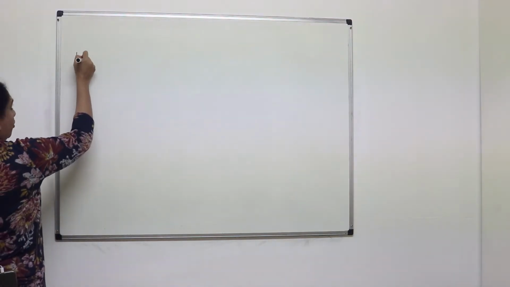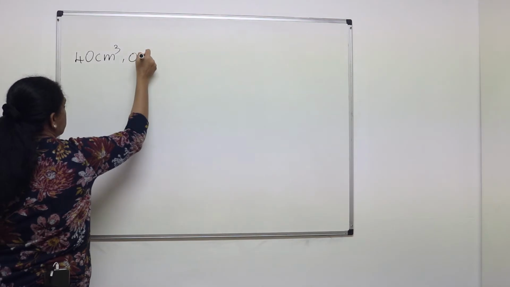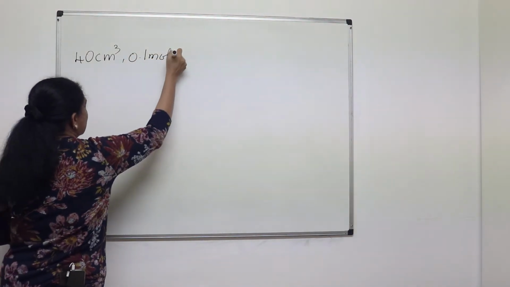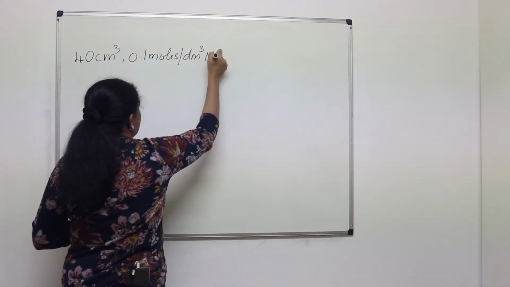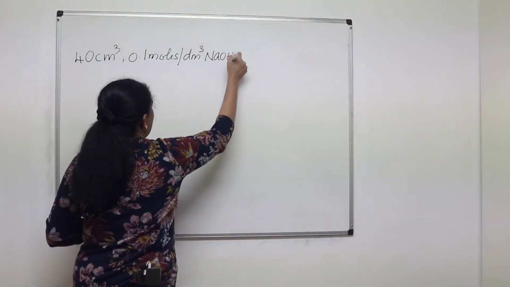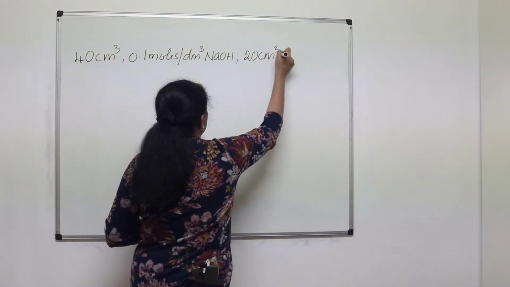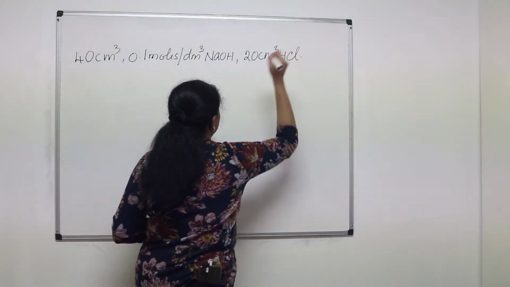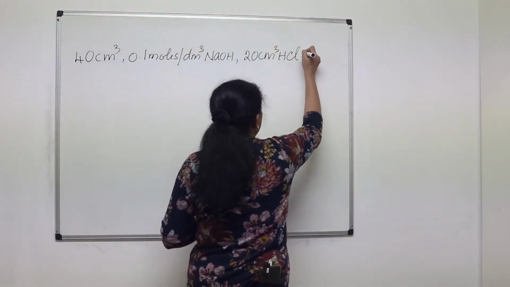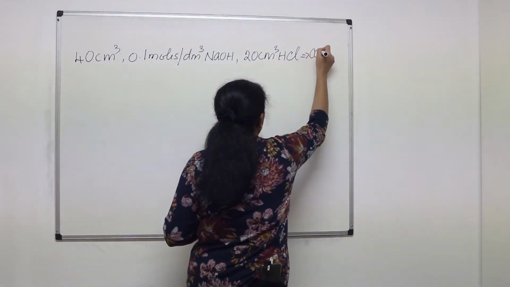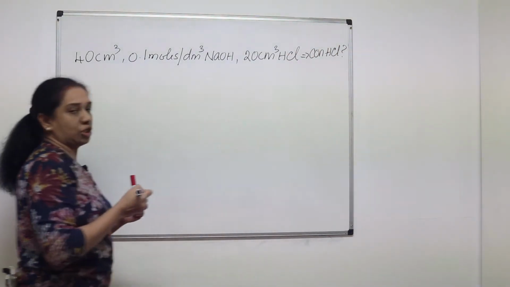It's going to be 40 cubic centimeter of 0.1 moles per dm cube of sodium hydroxide neutralized with 20 cubic centimeter of hydrochloric acid. Our question is to calculate the concentration of hydrochloric acid. That is the question.